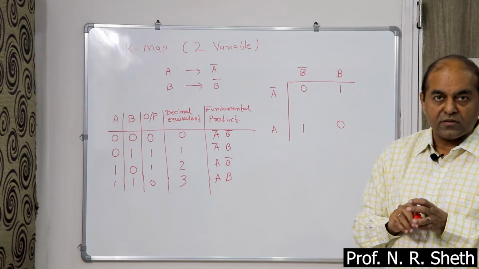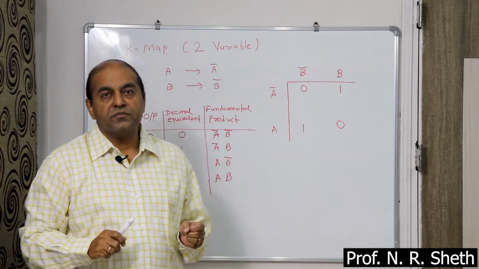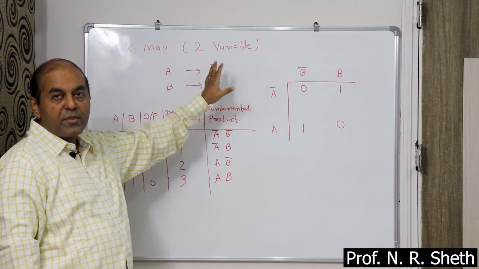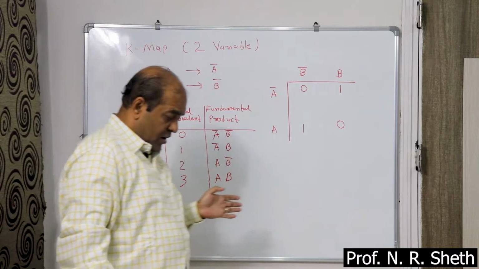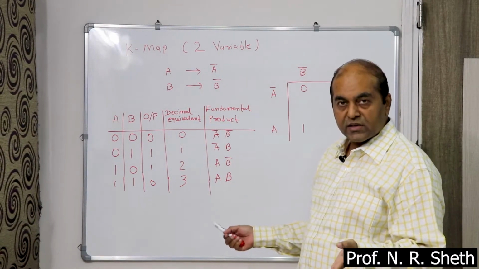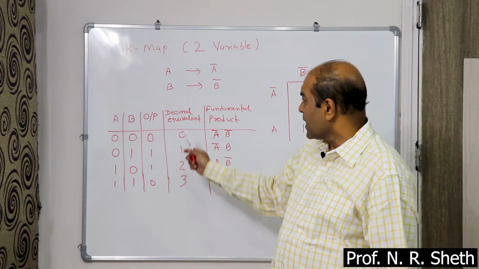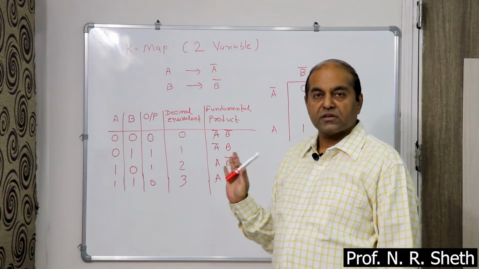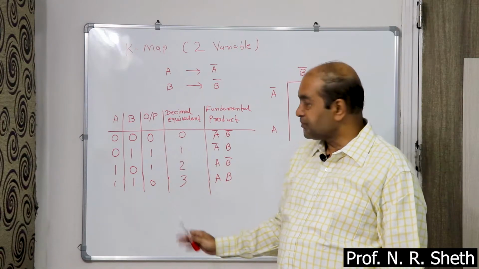Is that clear? Quickly I revise again. 2 variable means A and B and their complements A bar, B bar. For 2 variable K-map there are 4 cases: 0 0, 0 1, 1 0, 1 1. Suppose for one particular circuit output is in this given manner: 0 1 1 0.